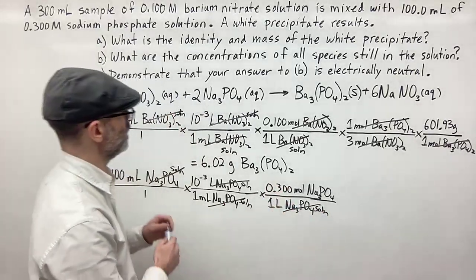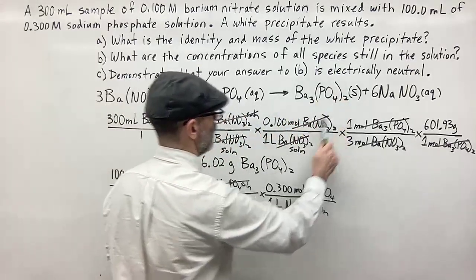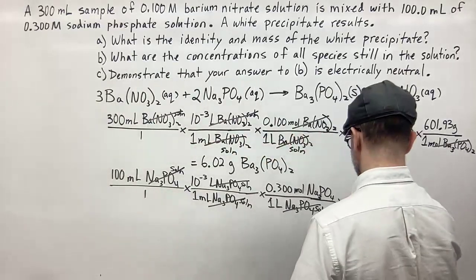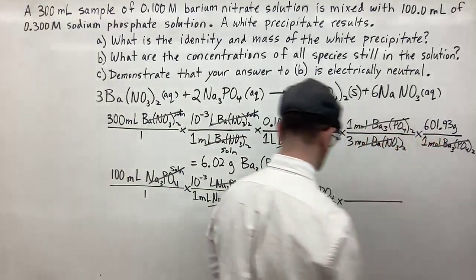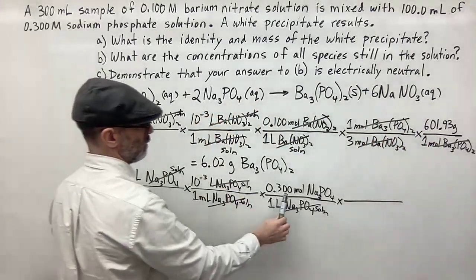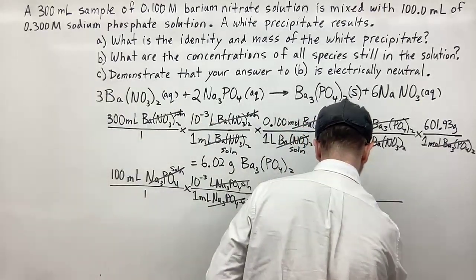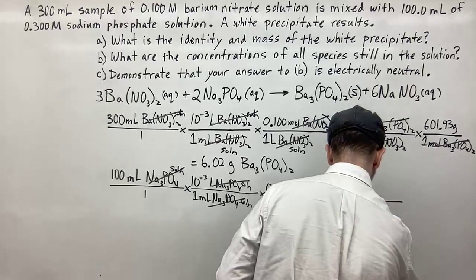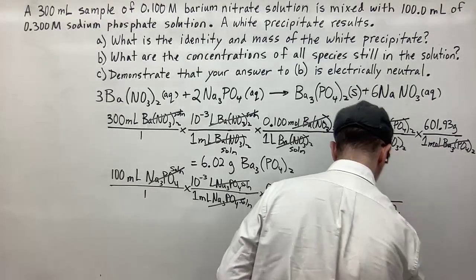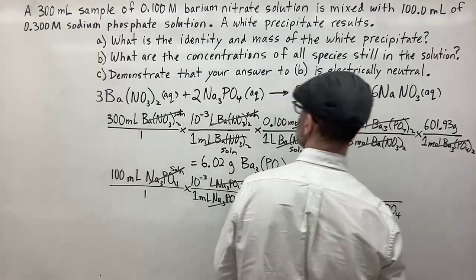So then I'm going to use the mole ratio between sodium phosphate and barium phosphate. Here it's 2 to 1. So my next step is to take the 2 moles of the sodium phosphate and put it on the bottom, and 1 mole of the barium phosphate on top.